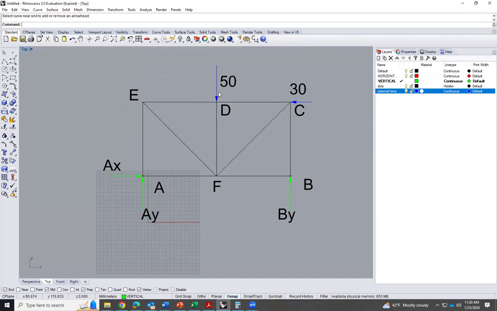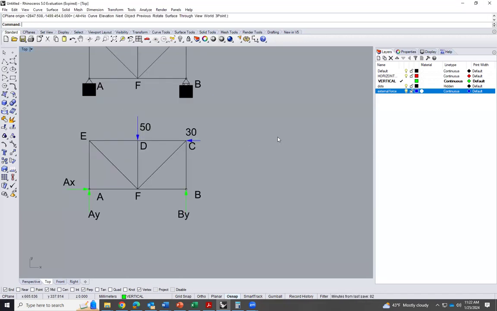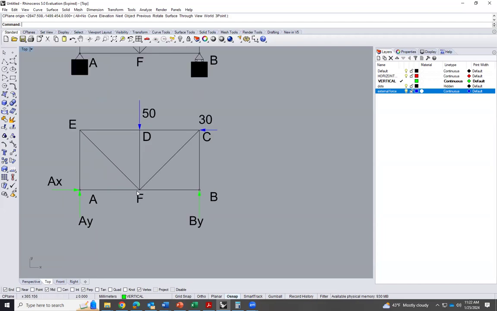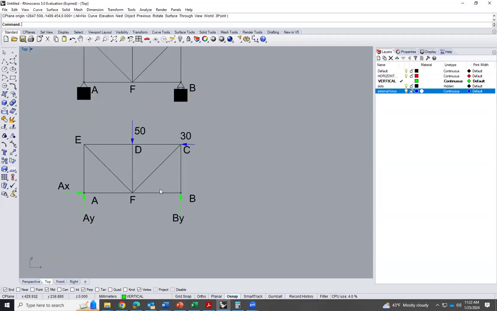Okay, so we have these external forces, but since we have constraints, we have to find equilibrium. So the external equilibrium. We're not talking about equilibrium at this point. We are talking about the equilibrium at the structure level, or at the object level.